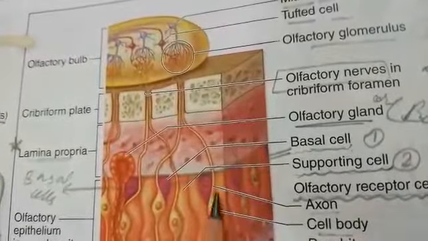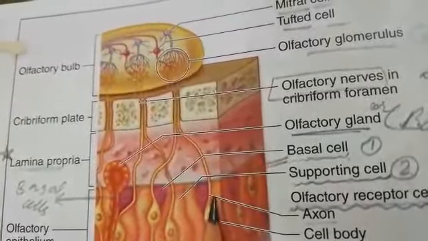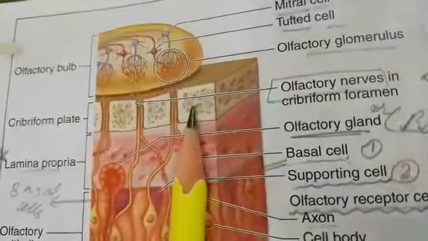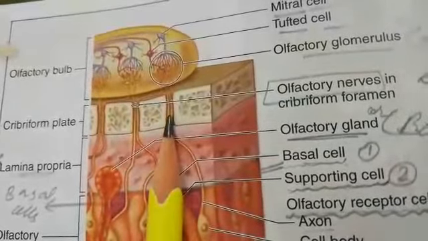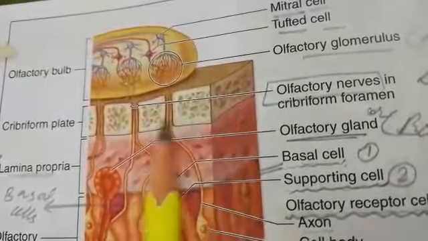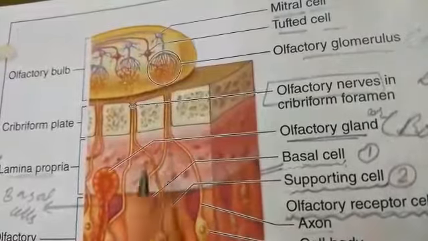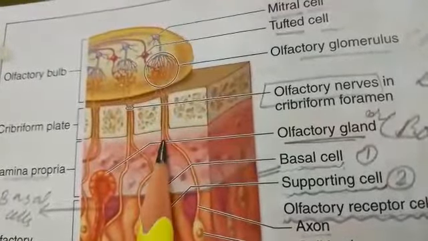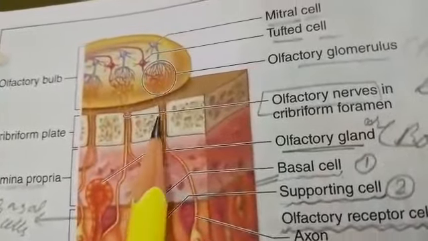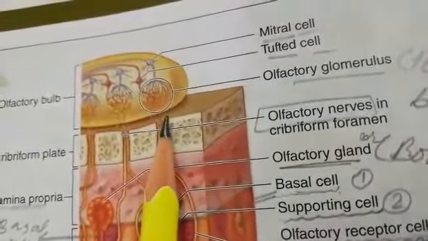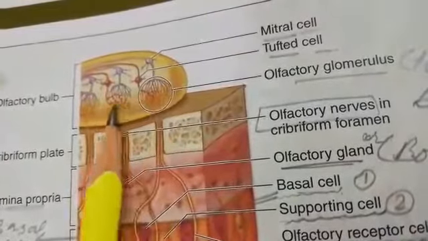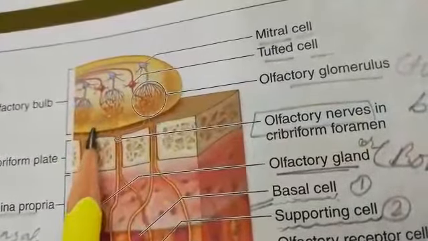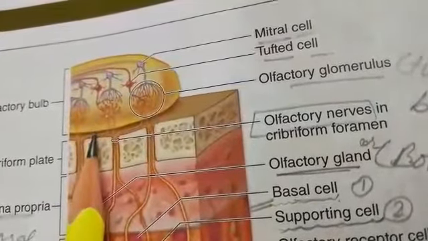Through their axons they pass through the cribriform plate of the ethmoid in the skull, which you will learn in head and neck. Many axons of these olfactory receptors join to form small nerves, which combine to form a larger one, and they form your olfactory nerve. The olfactory bulb is there, you can see. This is your first cranial nerve, meant for olfaction.